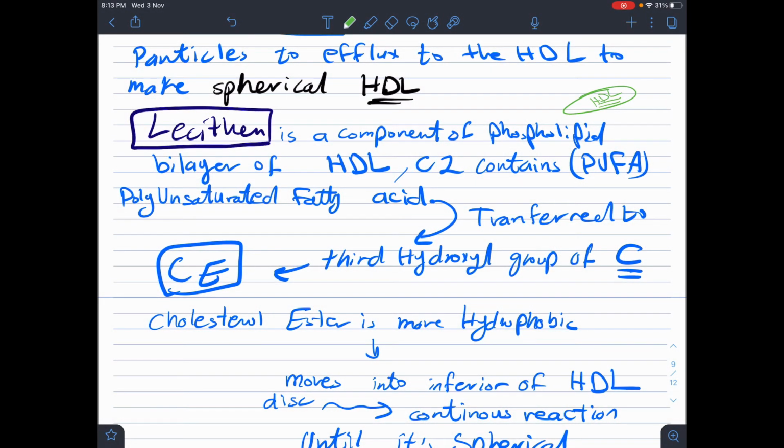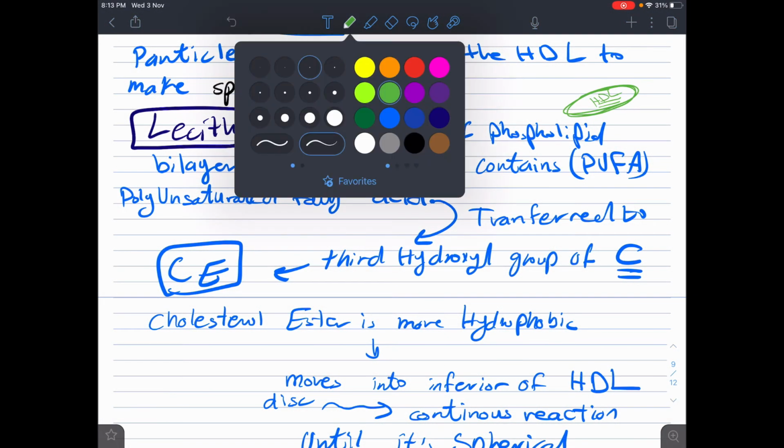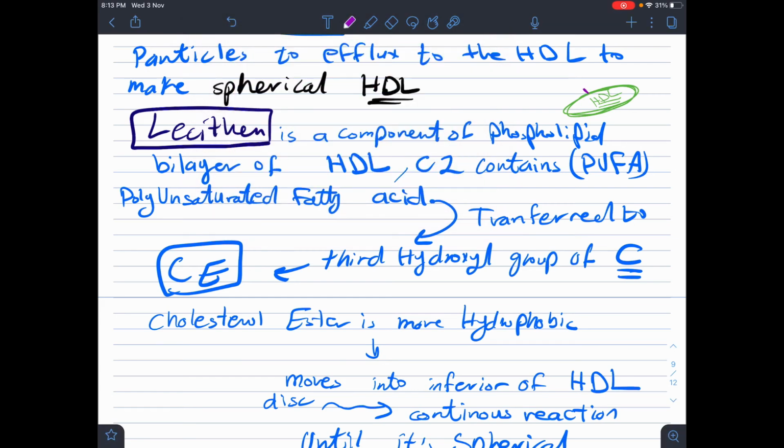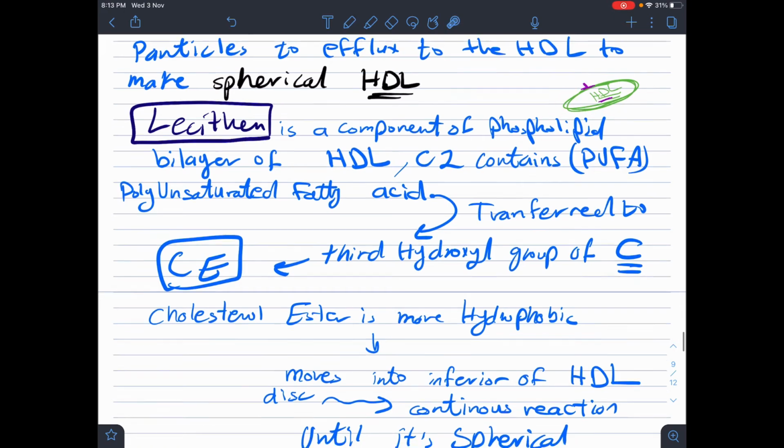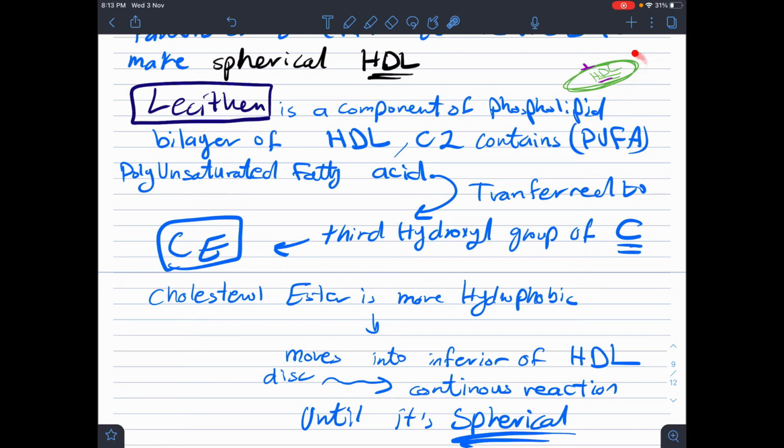So this is the HDL, okay? The lecithin is just a part of this bilayer of the HDL. The lecithin in the purple is a part of the HDL on the outer side of the phospholipid bilayer, and the second carbon of this lecithin contains a polyunsaturated fatty acid.